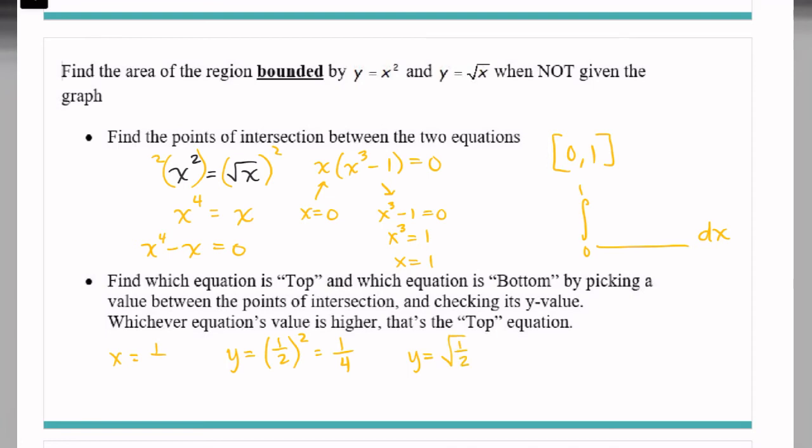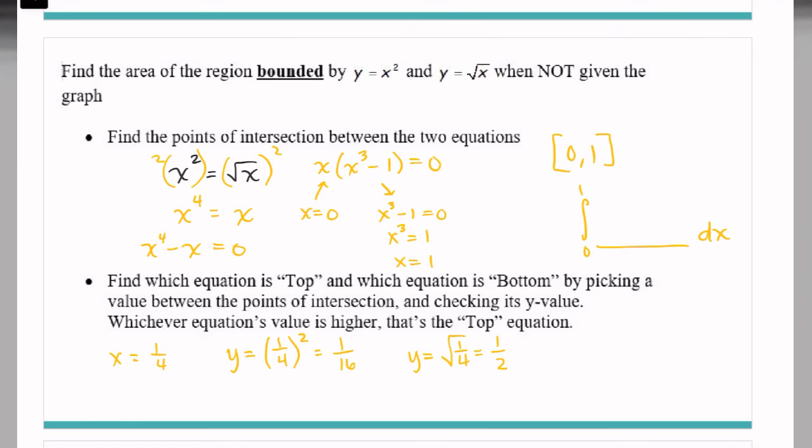I'm going to change that. I'm going to choose 1/4 because that's going to make it easier. So that's going to give me 1/16. Now, when I do the square root of 1/4, the square root of 1 is 1, and the square root of 4 is 2. Okay?